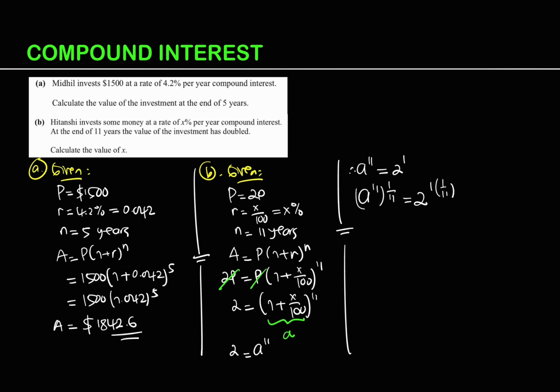So both sides we can simplify them, then this is going to be cancelled. So A equals 2 to the power of 1 out of 11.